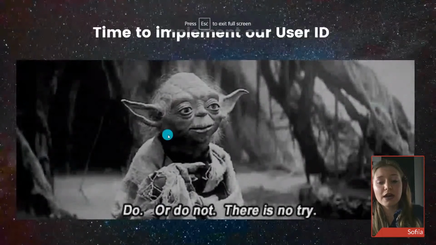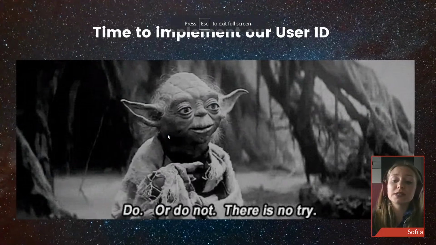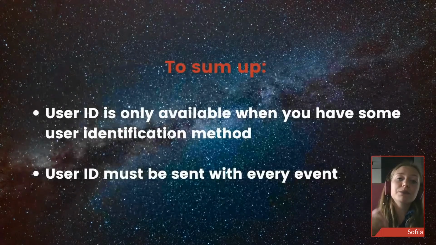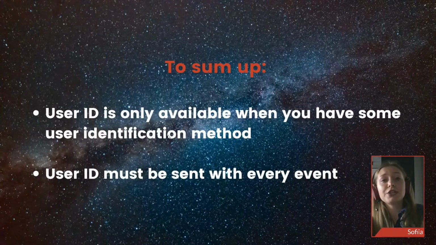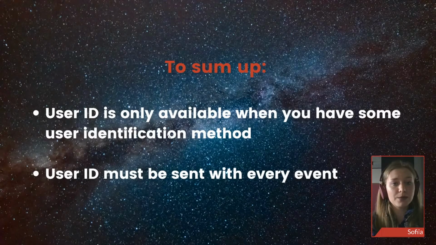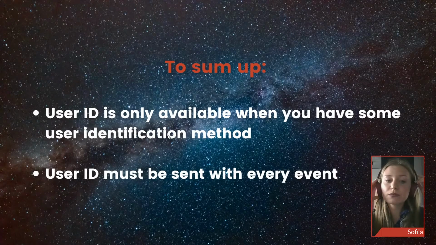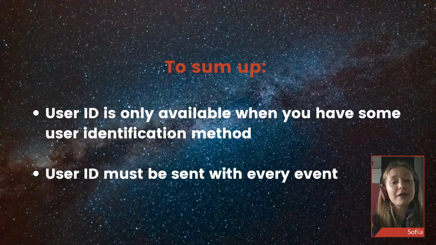And this is how we move to the next topic. But before talking about custom dimensions, I would love to make a short summary about user ID. So user ID is a cool GA4 feature, but it's available only if you have some user identification method, right?